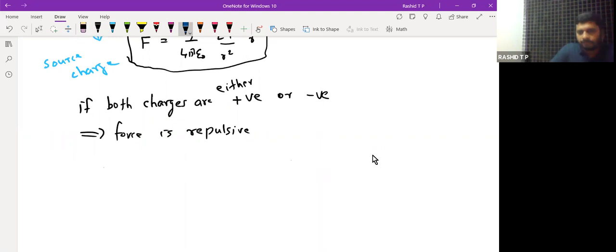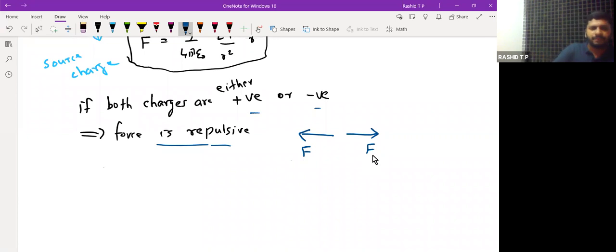Here, we need to know certain terminology that will be quite useful while solving problems. First, if the force is repulsive, we represent it with this arrow. This is the representation of the repulsive force. This is possible if both charges are either positive or negative.